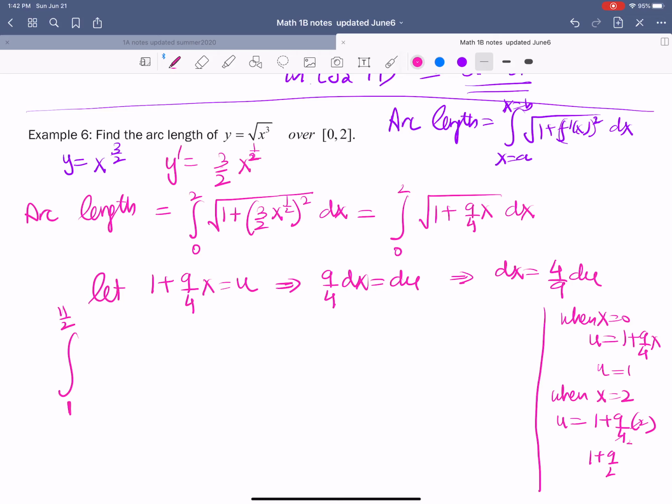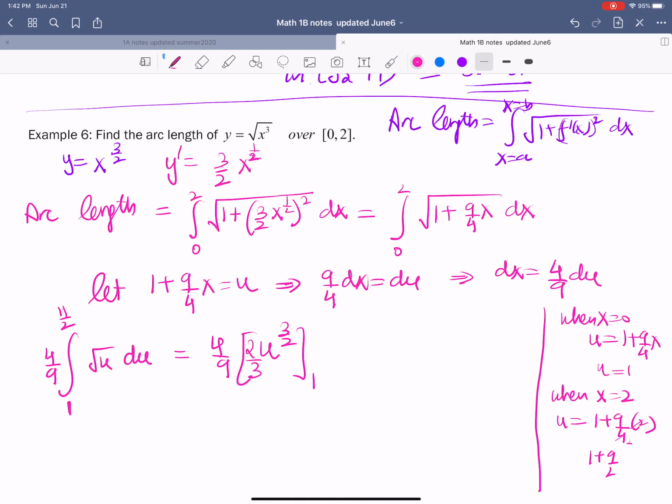All right, here we are. So we have square root of u du times 4 over 9, because dx was equal to 4 over 9 du. And 11 halves is my upper bound. Okay, 4 over 9, u to the power 1 half plus 1 is 3 halves. And we're going to divide by 3 halves, same thing as multiplying by 2 over 3.